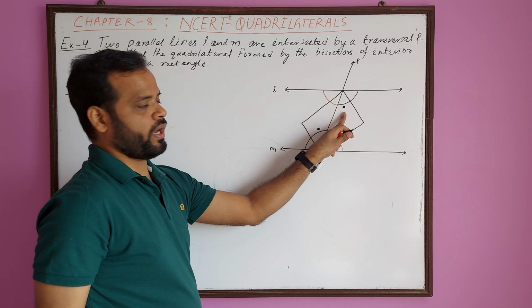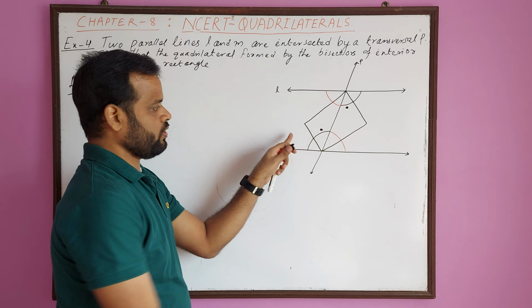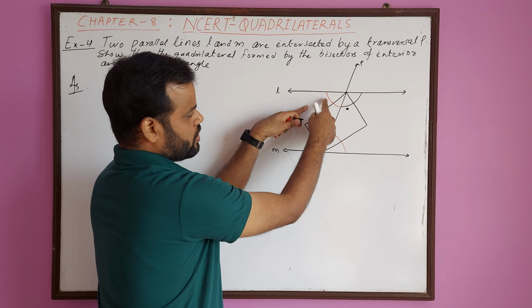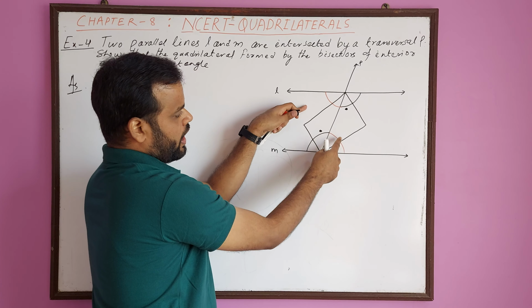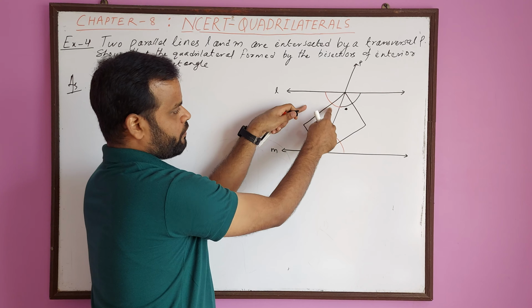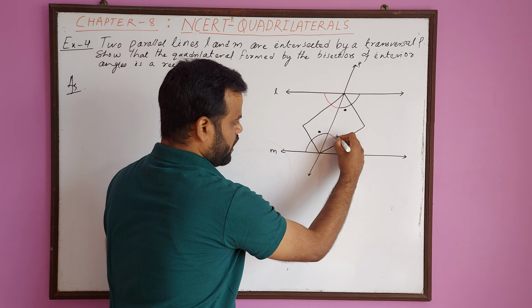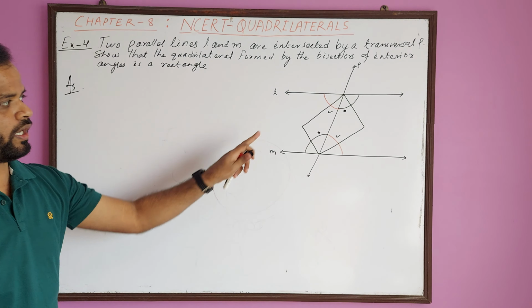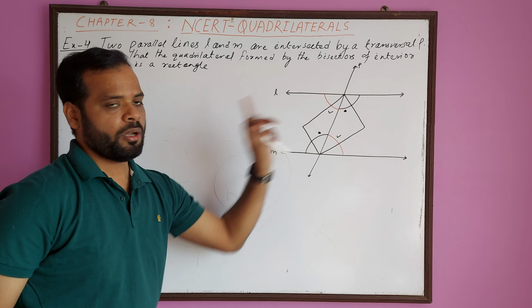These are again interior opposite angles, so these two lines will be parallel. Similarly, when we consider these two angles, equal alternate interior angles, half of this is equal to half of this, so this will be parallel to this, and it will be proved that it is a parallelogram.